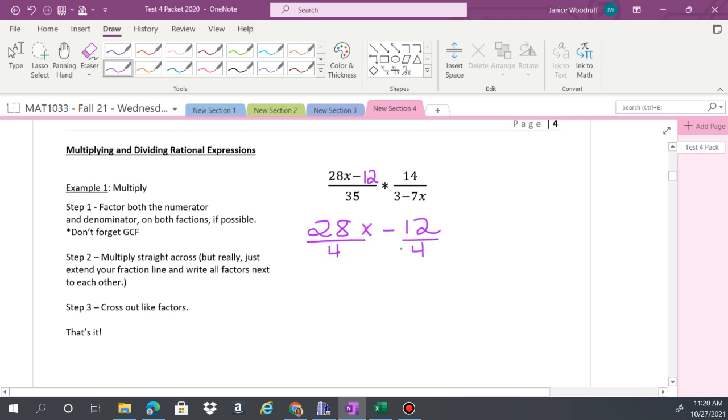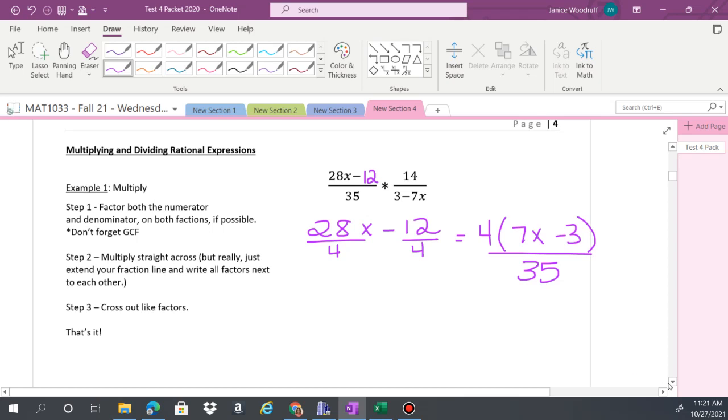All right, so let's pull 4 out of there. That's going to give us 4 and then 7x minus 3. 35, can't do anything about that. So my first term looks like this. And then my second term, I've got 14 and then 3 minus 7x.